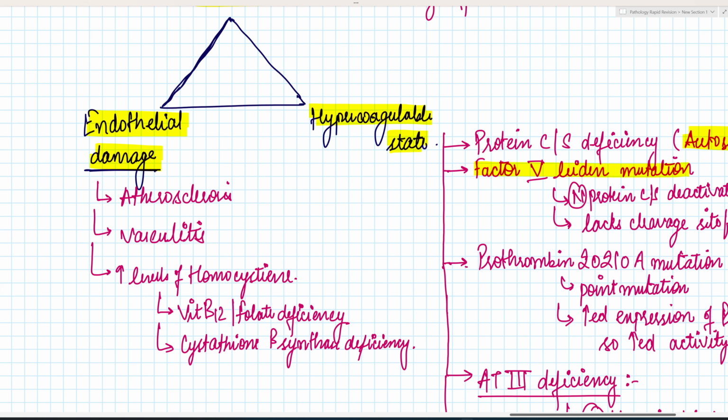Now homocysteine is a metabolite in the methionine metabolism pathway. So we know that homocysteine is converted to methionine by the homocysteine methyltransferase enzyme, which requires vitamin B12 and folate. So vitamin B12 or folate deficiency can lead to increased levels of homocysteine, and therefore it will accumulate.